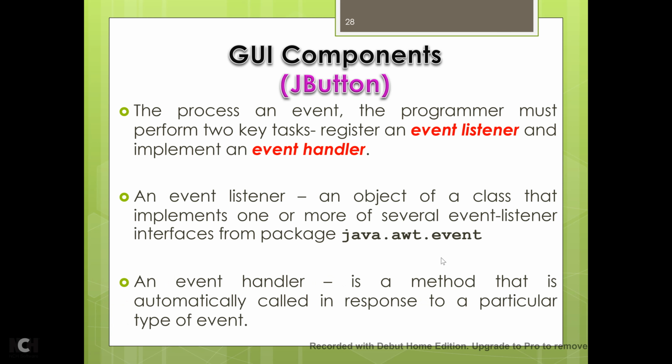An event handler, on the other hand, is a method that is automatically called in response to a particular type of event. It's very easy to imagine this. When you click on a button, there is a button click event. There is a class that listens to your event and it will handle how to react to your event.